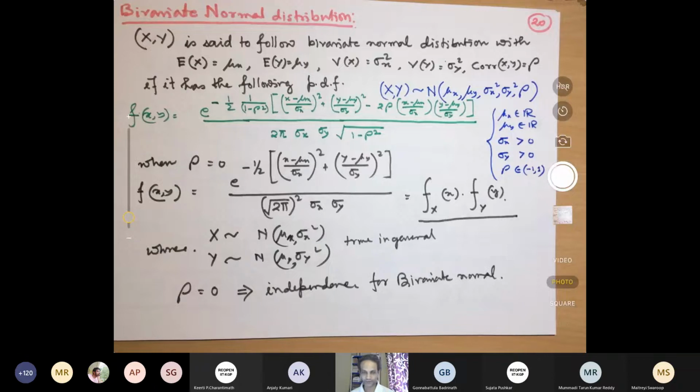Height and weight distribution is a very common example. Anything else?